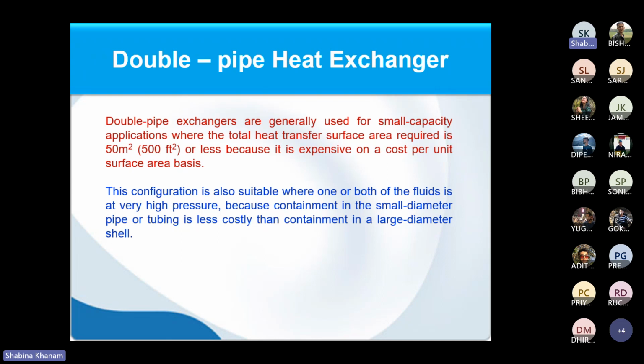So in that case, if one fluid is of very high pressure, or has more fouling tendency, it should be allocated to the tube side, inner side, not the annular side. Secondly, the very important point over here is very high pressure. So if I'm having high pressure, then what will happen?